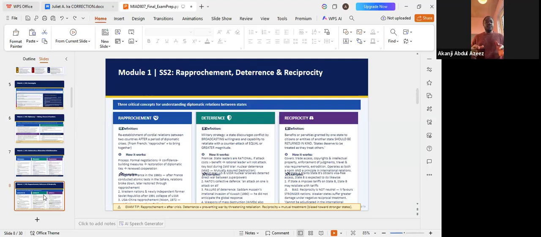So rapprochement is the process where two countries or two states restore friendly relations after fighting. In 1960, France tested a nuclear bomb in the Sahara Desert.